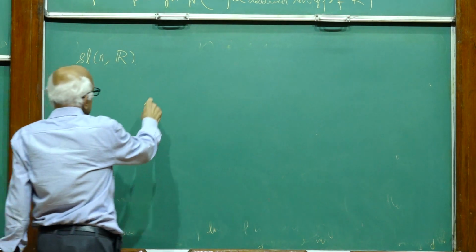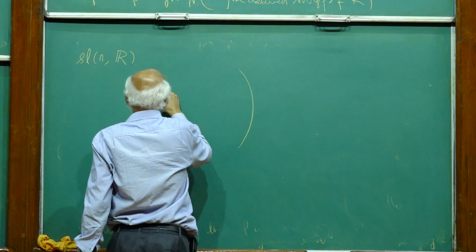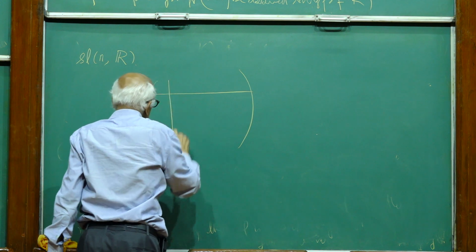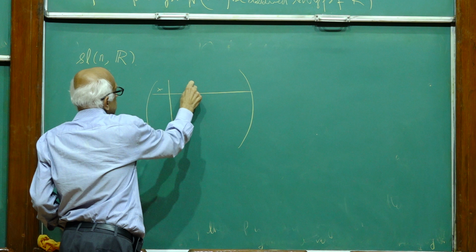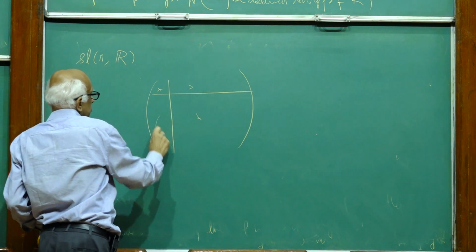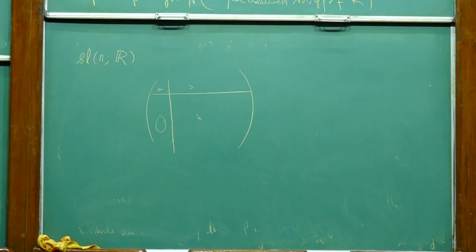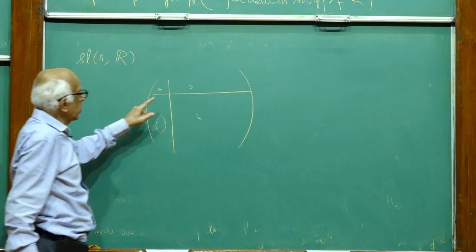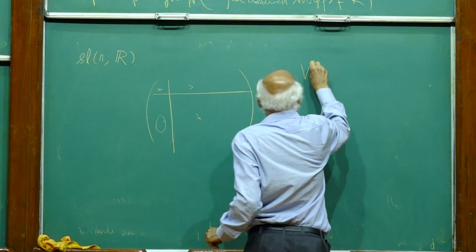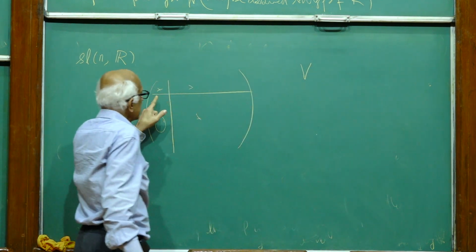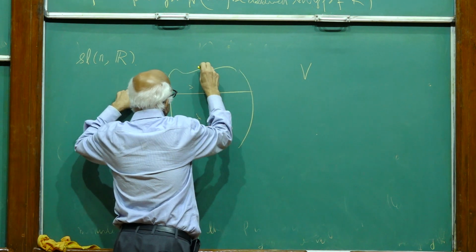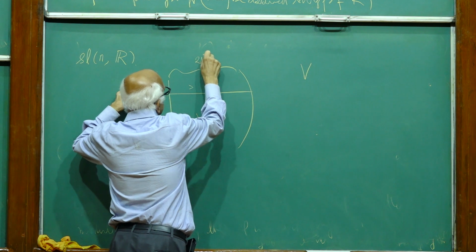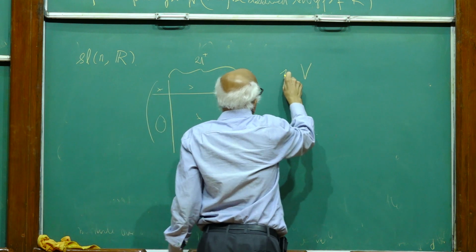What you do is you look at the maximal parabolic, which looks like this, and look at V and look at, let me call this, say U plus and U plus V.